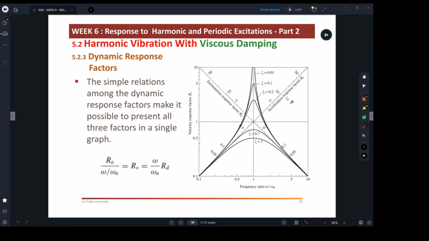And again, that will help those engineers to determine what range of vibrations they can set their machines to work at. Okay, so that's one of the uses.